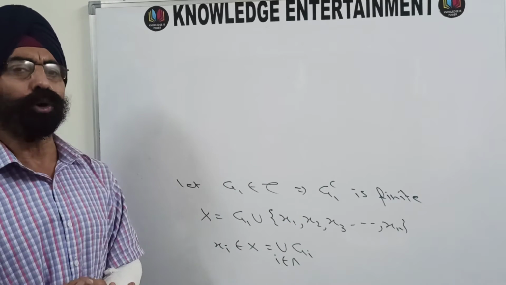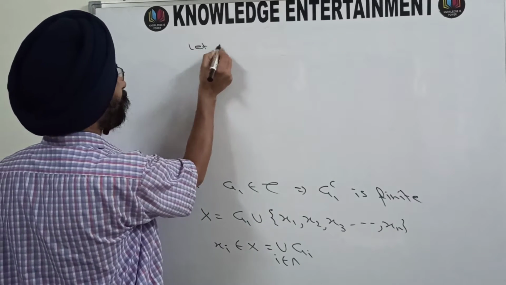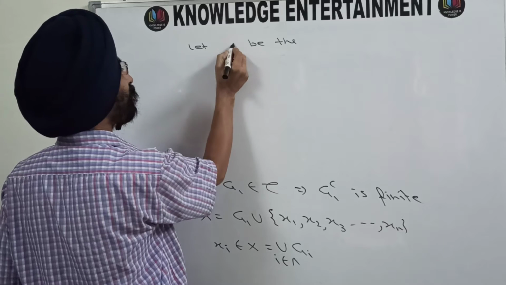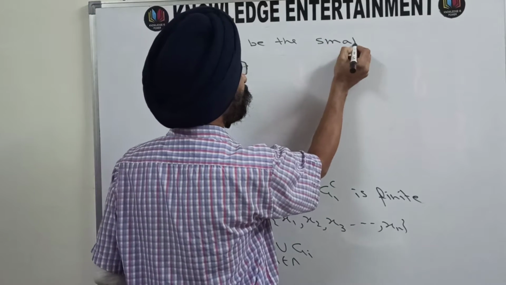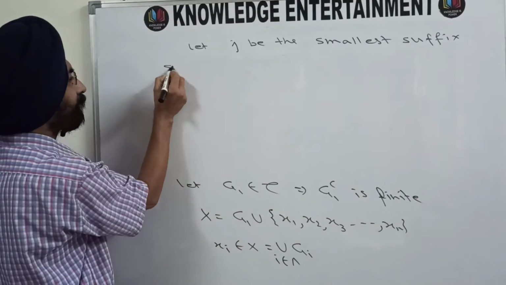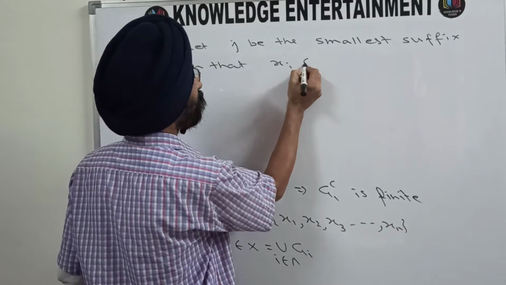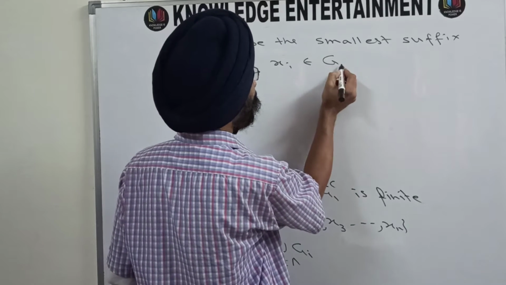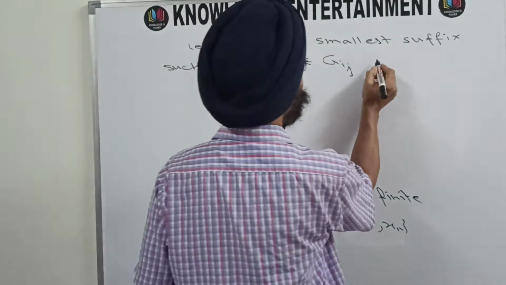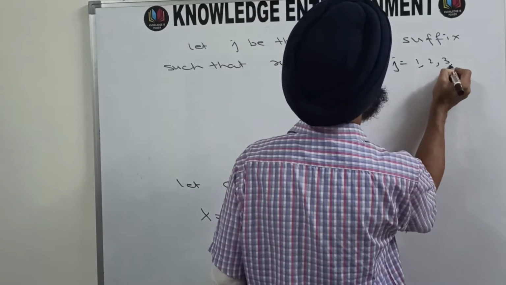Let Ij be the smallest suffix such that Xj belongs to Gij, for all j equal to 1, 2, 3 up to n.